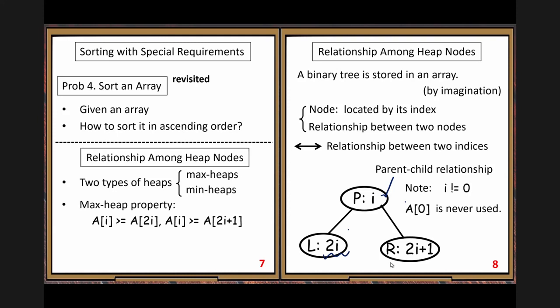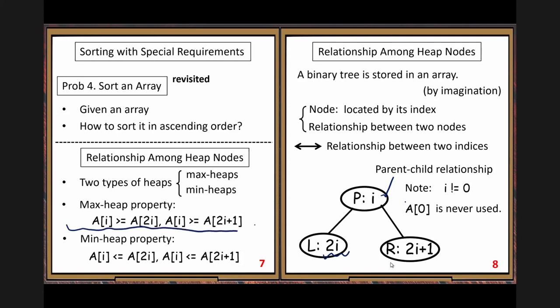Similarly, for the min heap, just the opposite: A of I is less than or equal to the value of its left child and the right child. For this class, we just use the max heap, because the min heap is similar, so we do not need to repeat our discussion another time for the minimum heap.